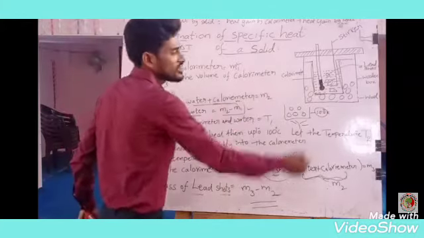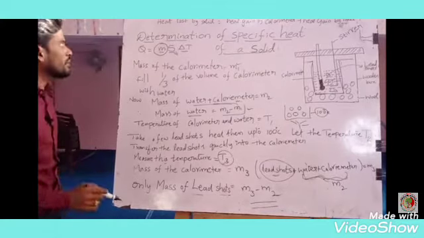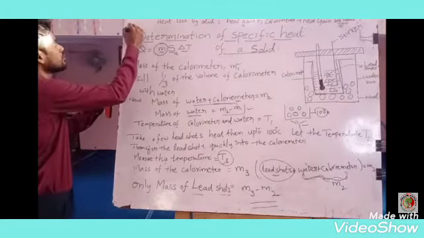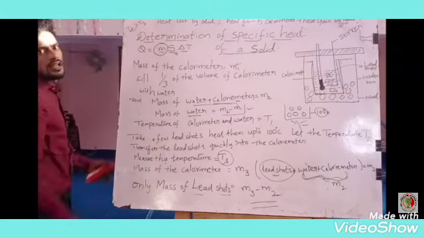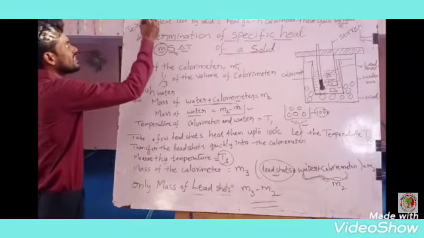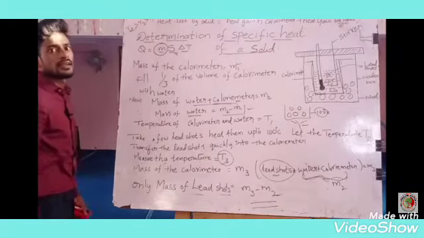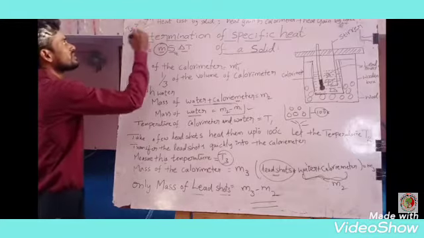The final temperature or mixture temperature should be T3. You have to remember, always T2 is greater than T3, and T3 is greater than T1. You have to remember this.